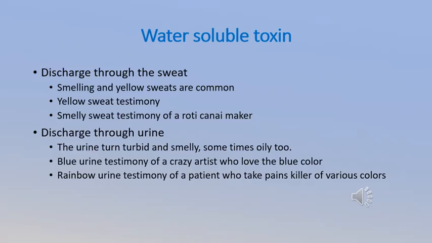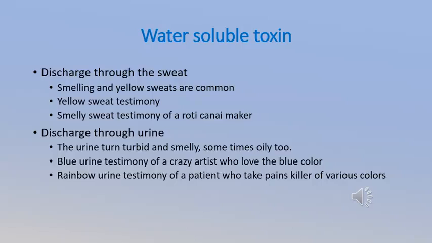Because when he paints, the paint spreads all over the body. Sometimes he uses the brush, sometimes the hand, he's a very crazy artist. So after taking Ganotherapy, all the color came out from the body. Then we had a testimony of blue urine.